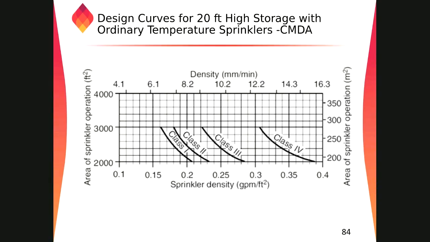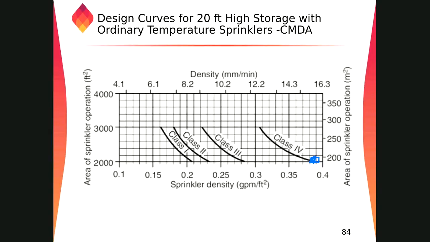If you are going for class 4 commodities, we have to at least consider between 0.38 and 0.3 based on the square feet consideration. If you are taking 0.38, then we can go up to an area of 2000 square feet.